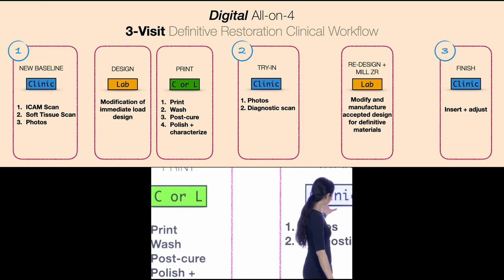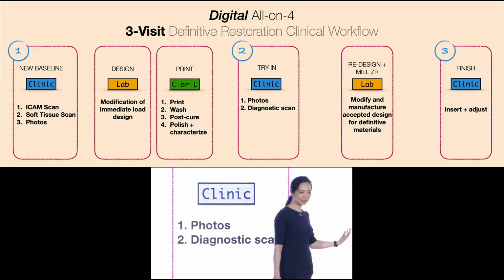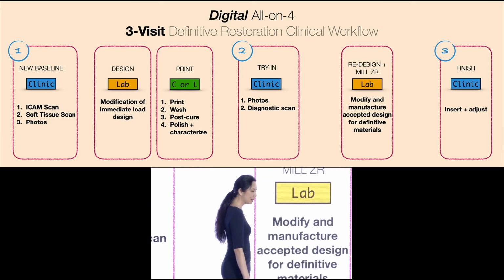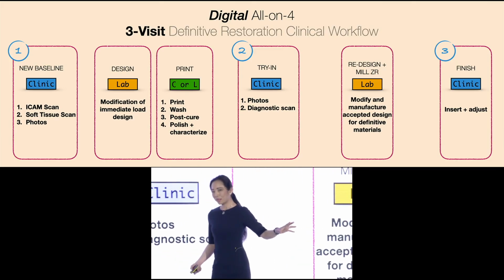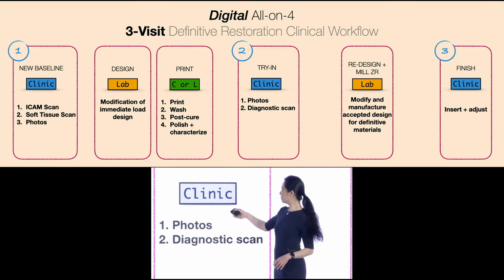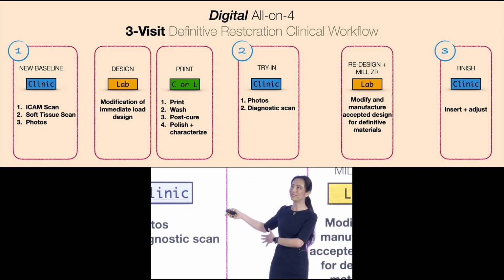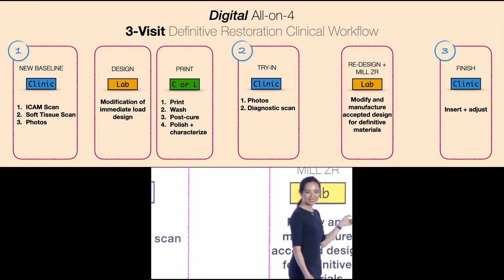At that point, we can bring the patient back in to do a try-in, take new photos and a diagnostic scan, and once a patient's happy with their outcome, we can do a one-to-one in zirconia. Because guess what? With ceramic reinforced resins, we can design this try-in to be anatomically and intaglio-wise identical to the final.